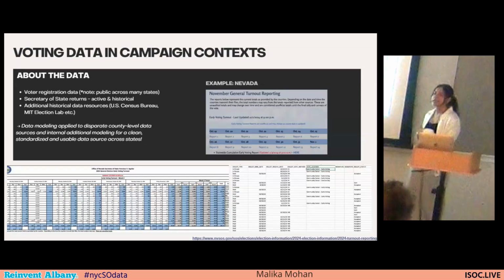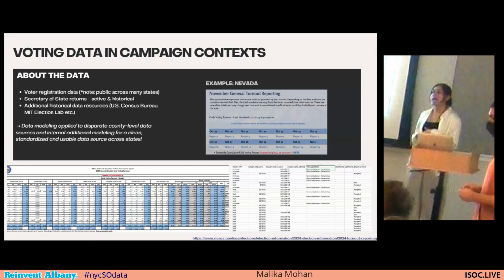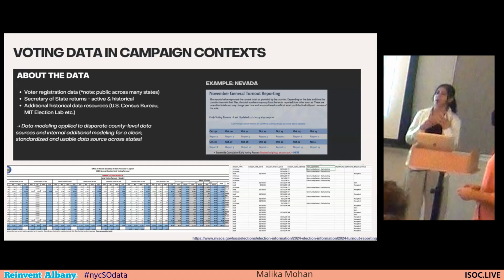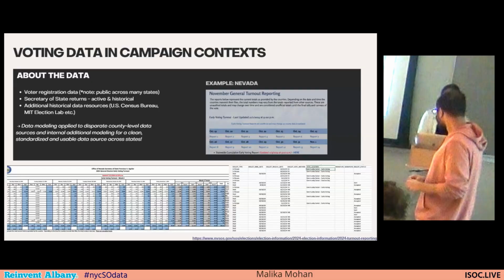Then they provide things like modeled demographics when it's not available, or in a campaign context, we work closely with data science teams where they will be able to provide additional support scores or turnout scores, helping us gauge what's the record on a voter file, how they might be likely to turn out, or candidates they might be likely to support. But in nearly every state, there is public voter registration data available as well.